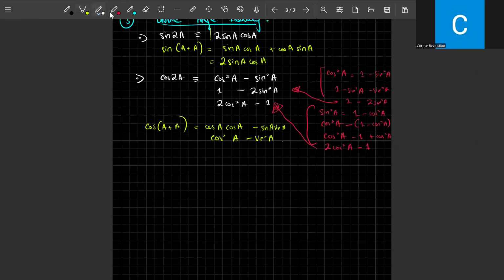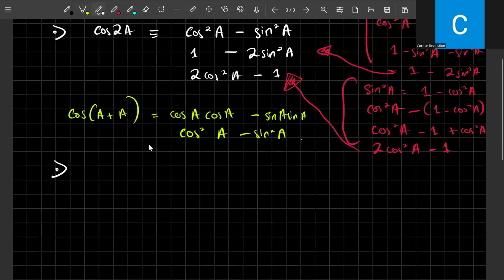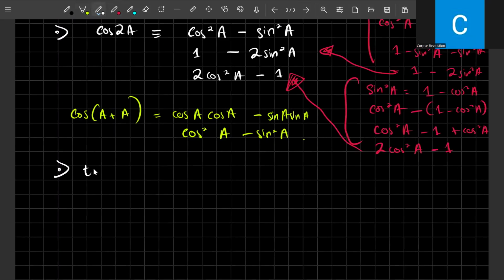Now, another identity. Tan 2a is the same thing as tan of a plus a, and we have studied this.